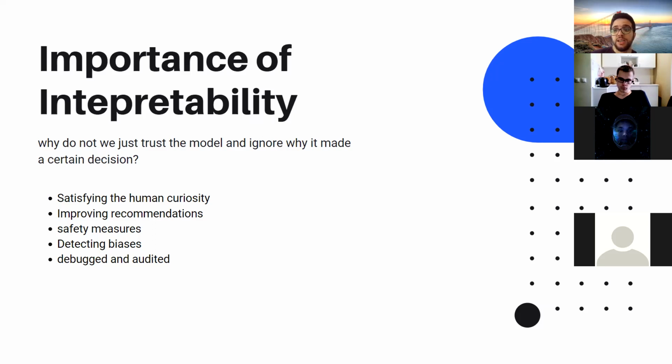In most cases, human beings are really curious people and they would like to have an answer. So for example, if you make a loan application, you don't want to just be rejected directly. You at least want to know why you were rejected. For example, it's very common these days to process resumes using automatic systems.